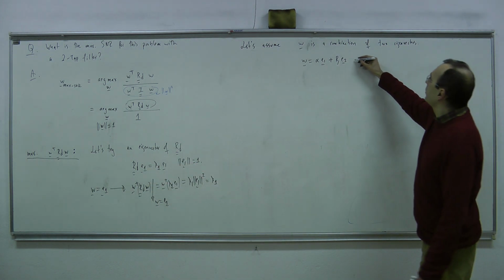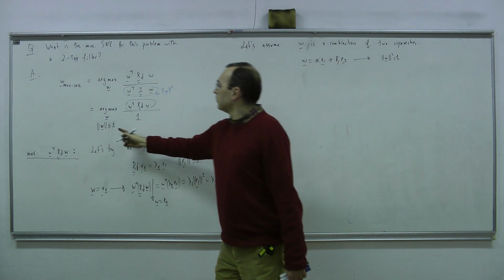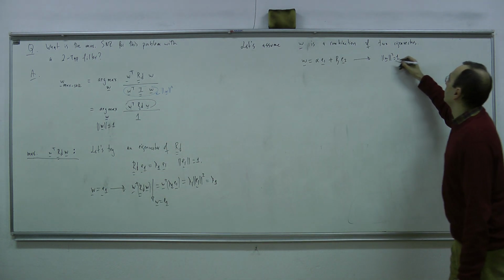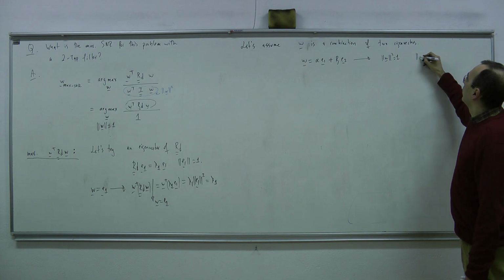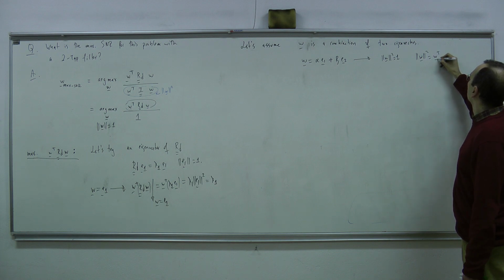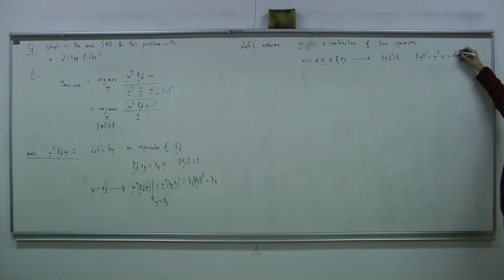But please remember that I have to satisfy the unit norm condition. In order to satisfy that, you can easily see that alpha square plus beta square should be equal to 1. Why?